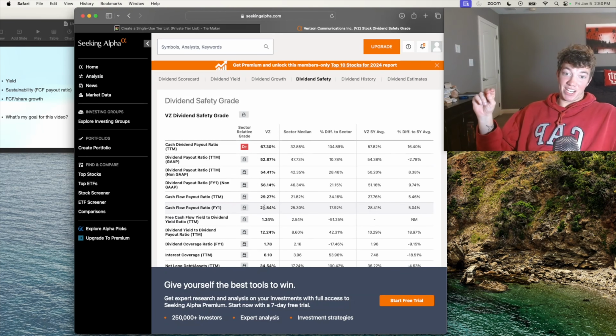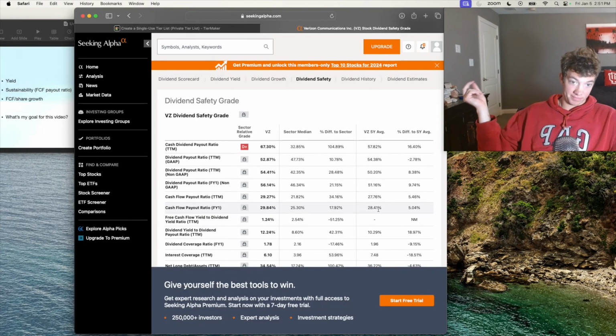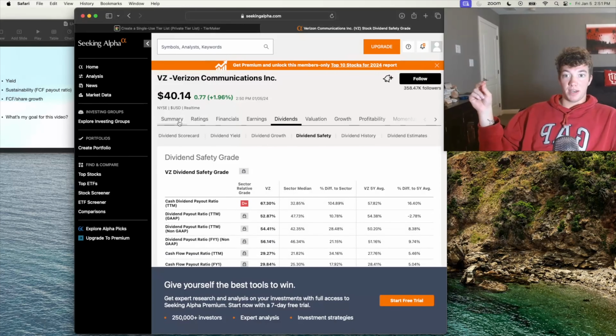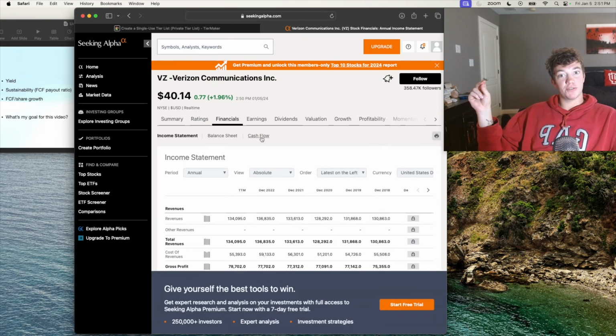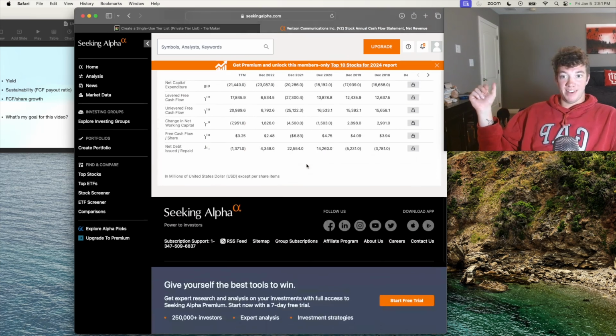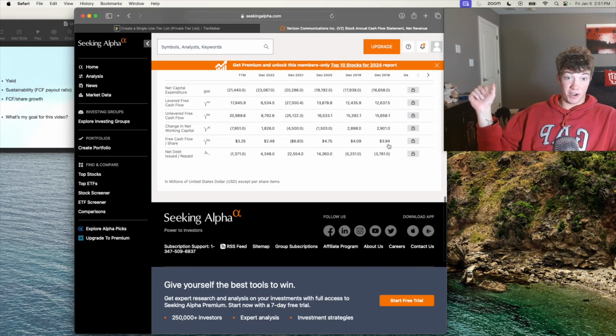Regardless, cash flow payout ratio, 29.84%. Slightly above the 5-year average, but that's okay. Financials, cash flow, free cash flow per share here. There's no trend. Not to mention, December 2021 was a big negative of $6.83.